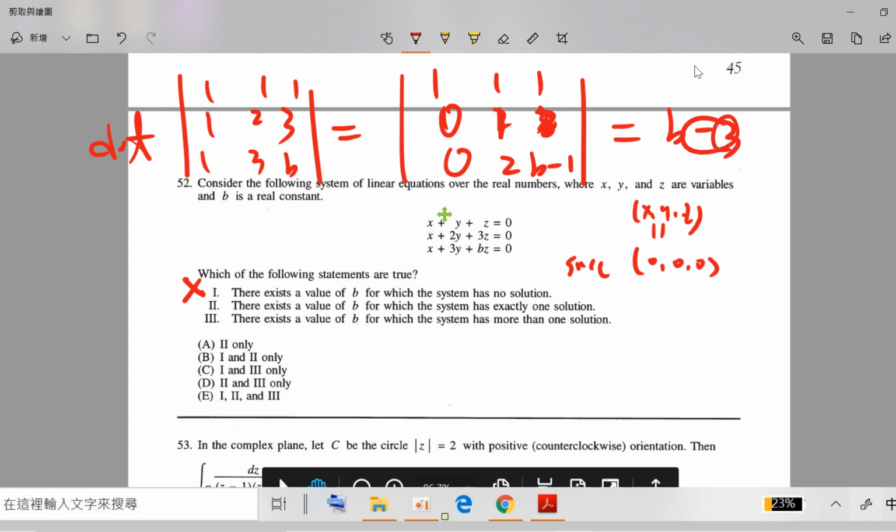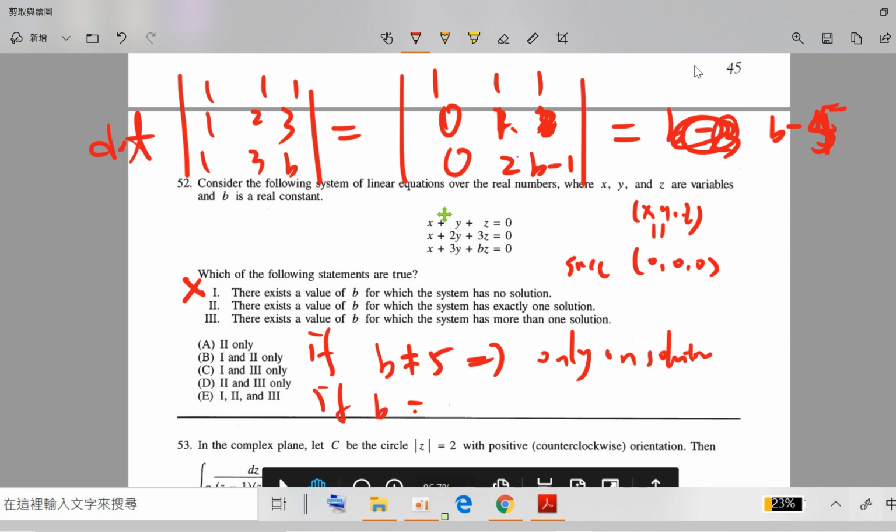Then b minus 4, 5, b minus 1 minus 4. So if b is non-zero, then there is only one solution. If b is 0, then there are infinite solutions.